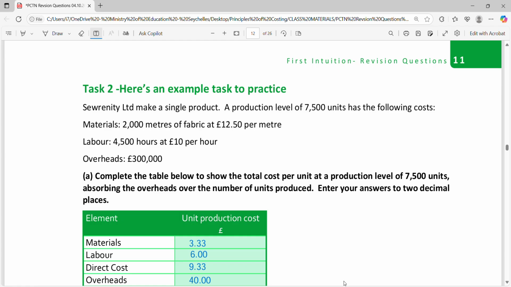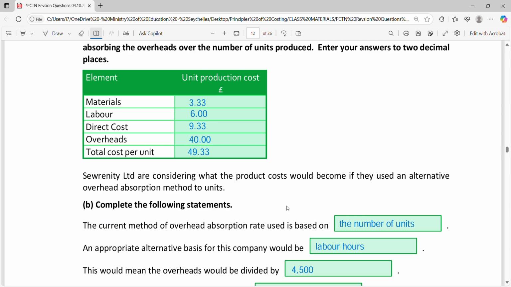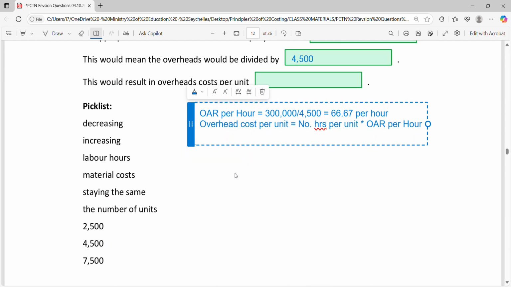So the number of hours to produce one unit: you need 4,500 hours to produce 7,500 units.